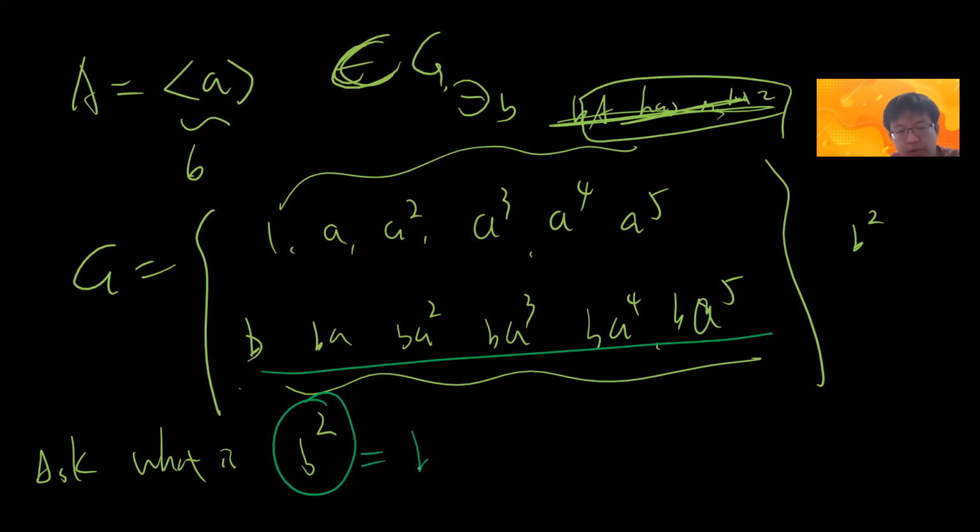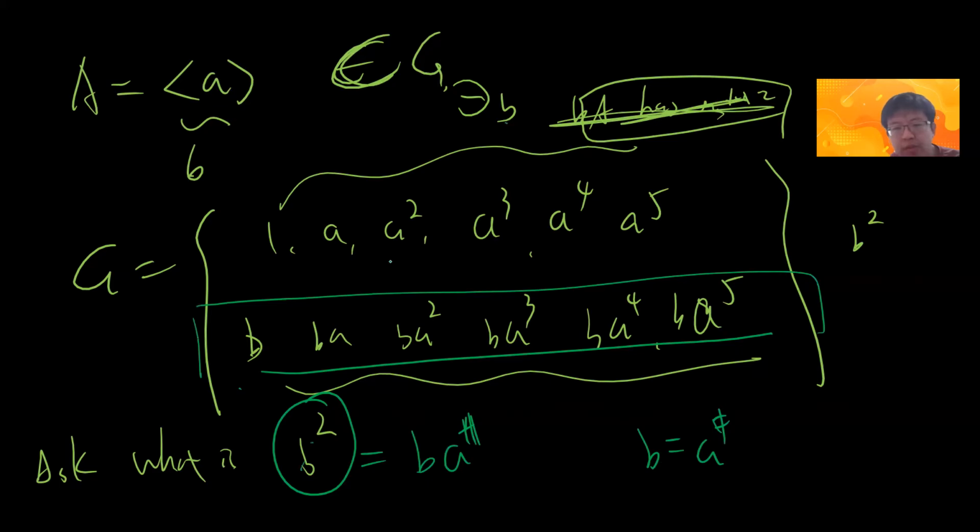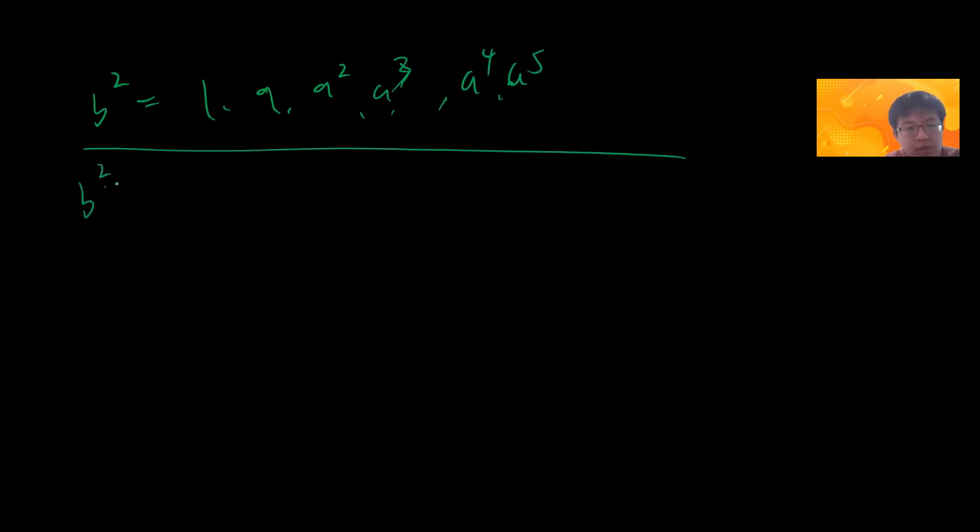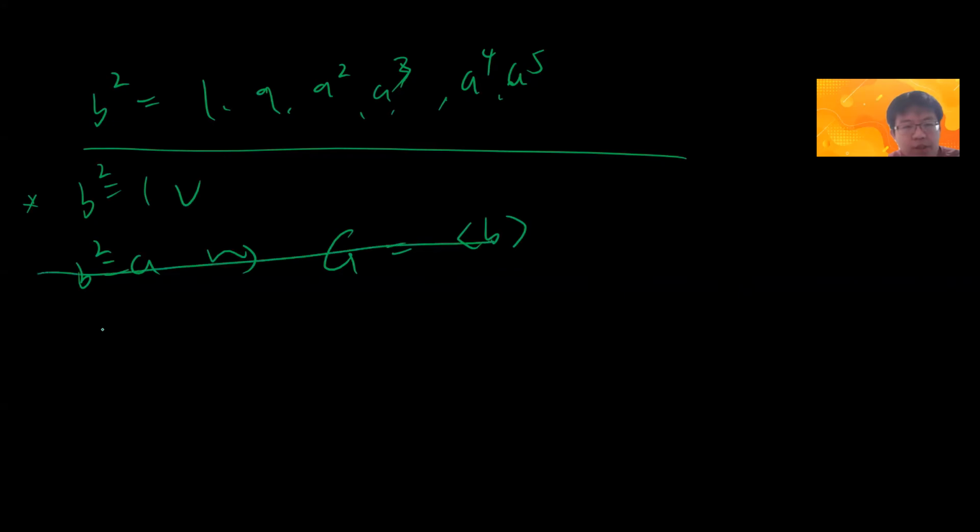If B squared equals BA something, then I will get B equals A something, which does not make sense because I take B outside the subgroup of A. So it must be one of these: B squared can at most be 1, A, A squared, A cubed, A4, A5. But B squared equal to A is not possible. If B squared is A, that means the whole group G is generated by B, which would be cyclic. So this is not possible.